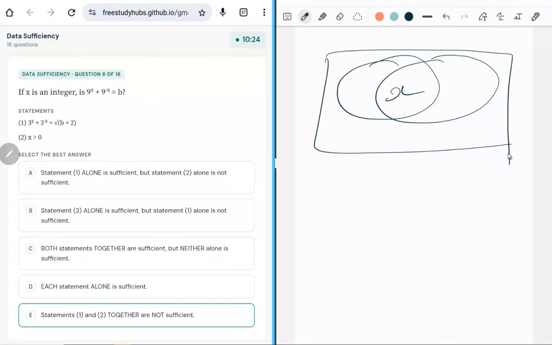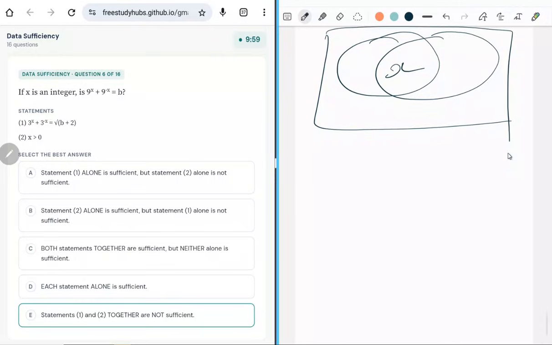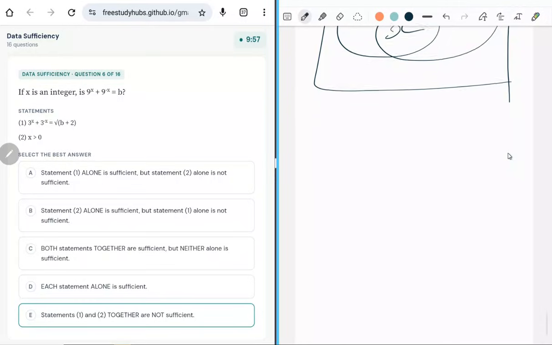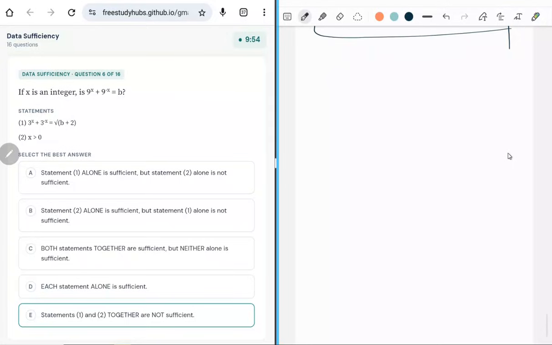If it's this for me, I will cross. So what I will say is 3 to the X. So 3 to the 3, to the second power, so 2x plus 3. Let's do this together if you don't mind.